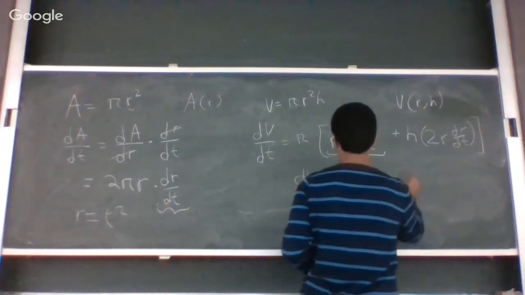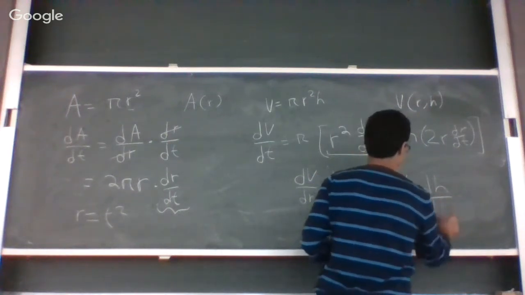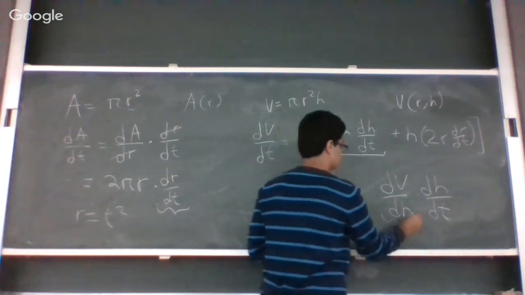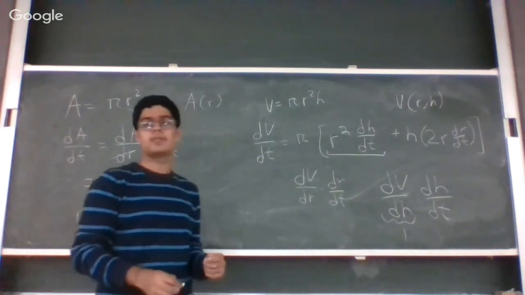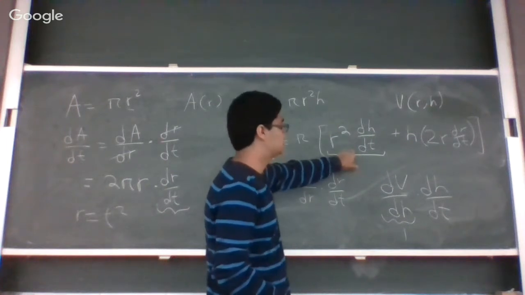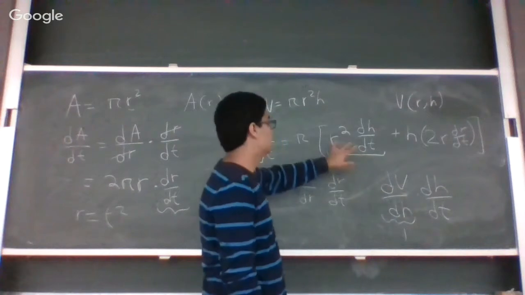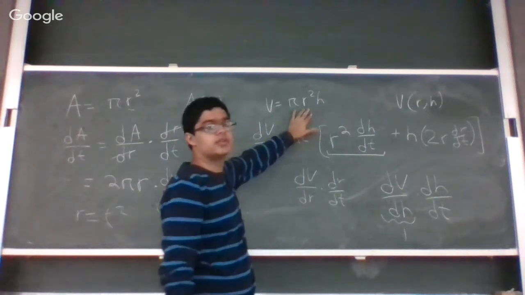So if we do dV over dH times dH over dt, this would be 1 times dH dt to make it a derivative of time. And then we still leave R squared because we treat it like a constant.